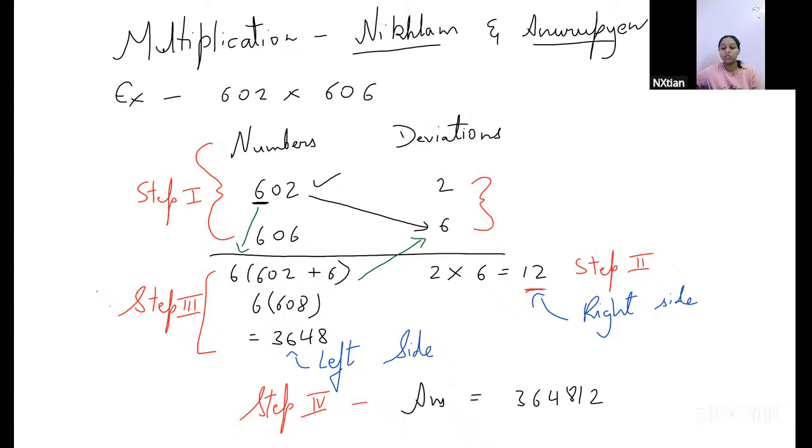Then we move on to the numbers. Pick up the first number. Multiply it with the deviation of the second number.